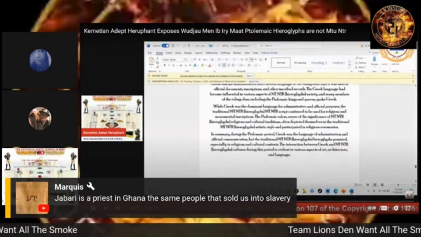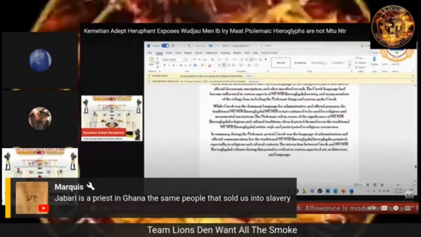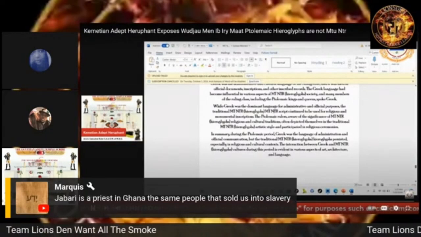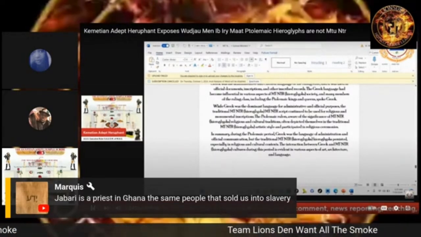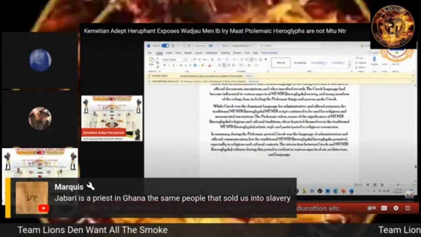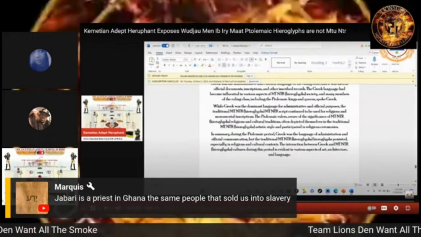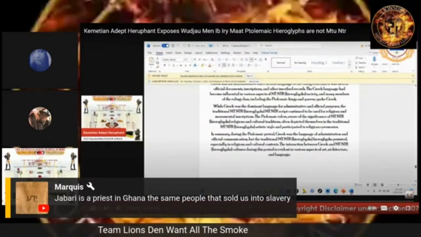While Greek was the dominant language for administrative and official purposes, the traditional Medu Neter script continued to be used for religious and monumental inscriptions. The Ptolemaic rulers were aware of the significance of Medu Neter hieroglyphs and religious and cultural traditions, often depicted themselves in traditional Medu Neter artistic style, and participated in religious ceremonies.